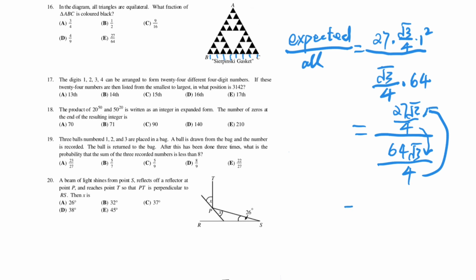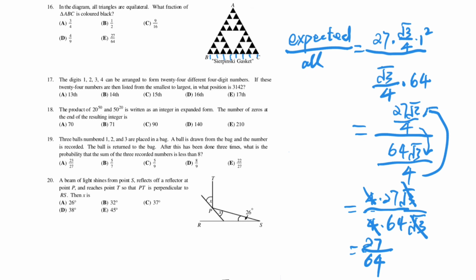So outside times outside to the numerator, so 4 times 27 root 3, over inside times inside, that's the denominator, 4 times 64 times root 3. Now we can cancel root 3, cancel 4, leave us 27 over 64. Look at that, the answer is 27 over 64.